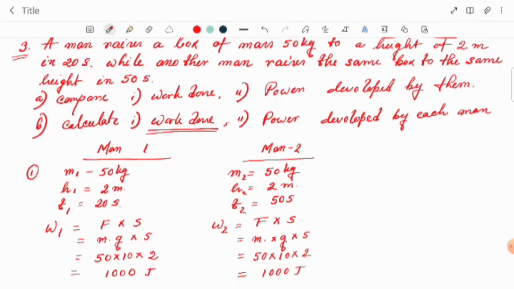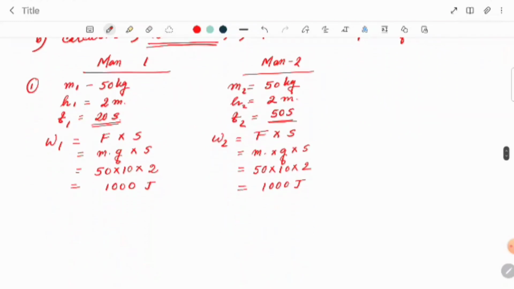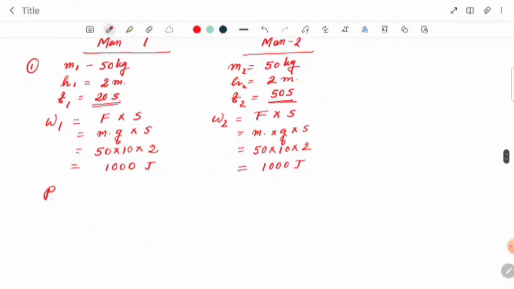Now we have to calculate the power. For the first man it is taking time t1, and the second man it is taking time t2. So let's see the power. Power here will be p1. We know that p1 is w1 by t1. So w1 we already know is 1000 divided by t1, which is 20.